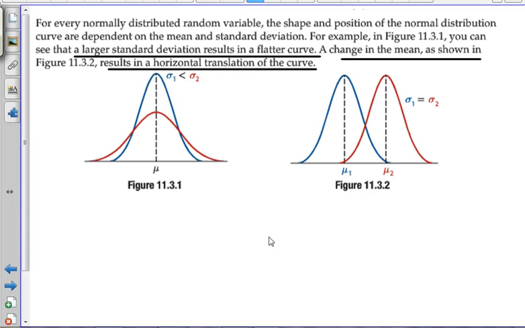If I can say my 32 on the ACT is at the 90th percentile, then my SAT score that my cousin got of 1,500 is only at the 85th percentile, then I can say I really did better, right? All right, we'll talk more about this tomorrow.